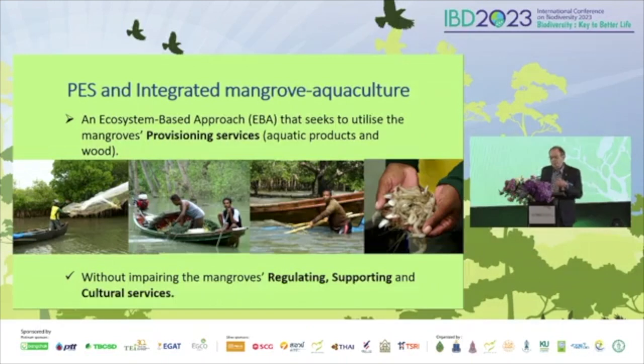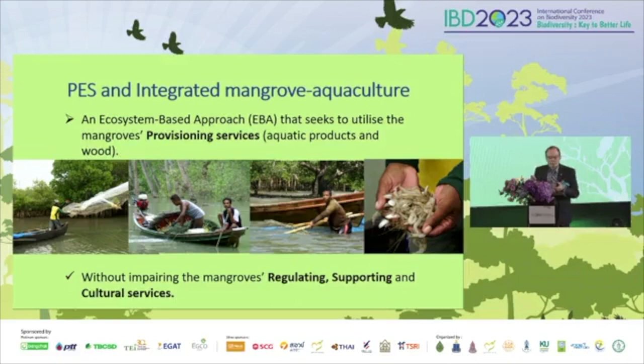And of course, we depend primarily on the provisioning services of the mangroves, not just wood and timber from the mangrove, but particularly the fishery resources, the fish, the crabs, and the shrimp, the mollusks that support the nutrition and livelihood of many, many people, particularly in this part of the world.